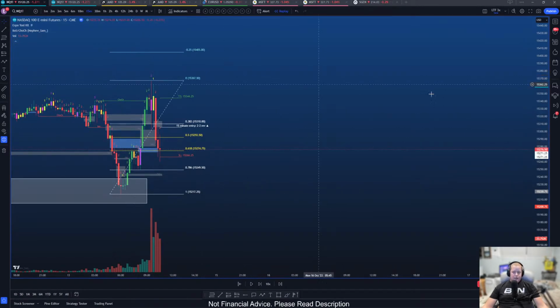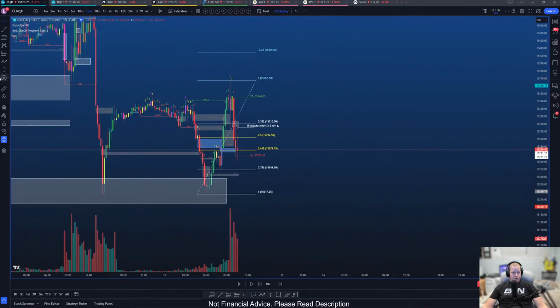But yes, in this case, I'm sure ES did fill the fair value gap and probably did help to push us down. But I just want to be clear, it doesn't mean that every time that's what has to happen. And it's easy to get caught in that trap of thinking, well, ES is going up, NQ hasn't started to go up. I'll just throw a long on ES or on NQ, and it has to follow ES eventually.